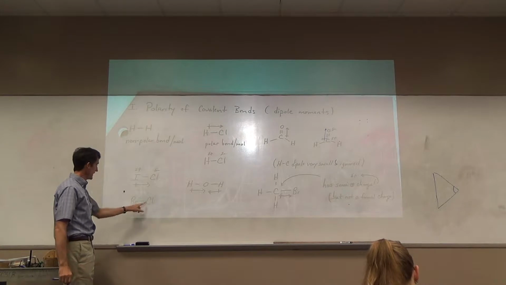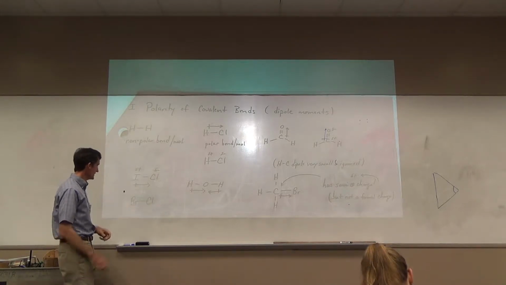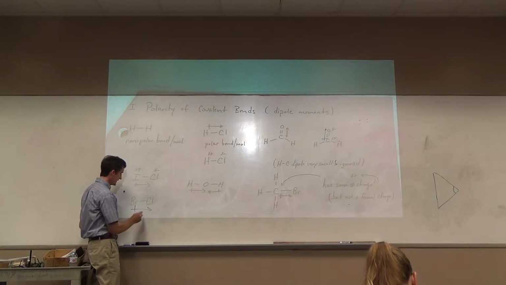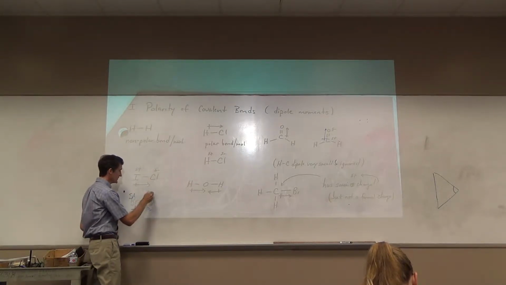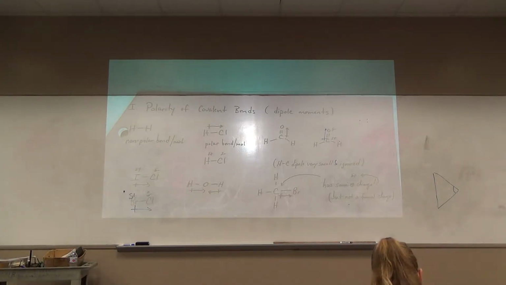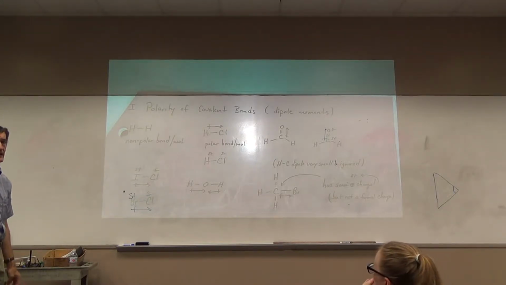Which one is partial positive, bromine or chlorine? Chlorine here, yeah. Partial positive, partial negative. These are polar. They have a permanent net dipole. They have a dipole moment. Some books will talk about calculating dipole moments based on bond lengths and electronegativity. We're not going to be doing anything like that.